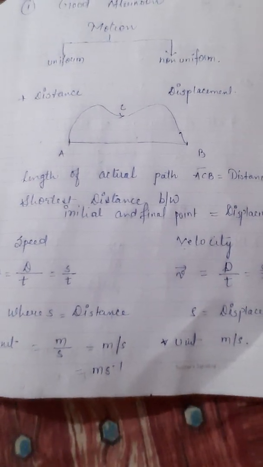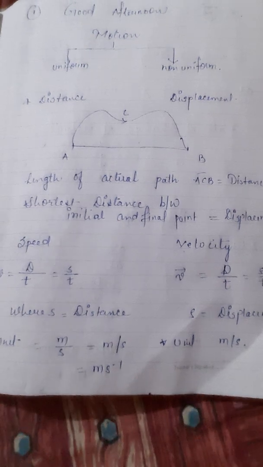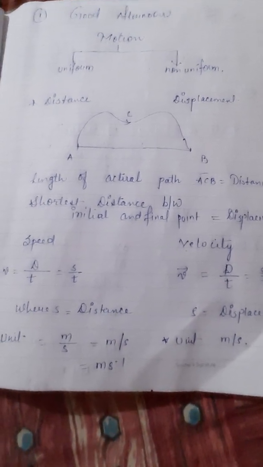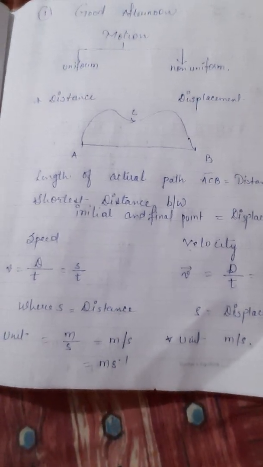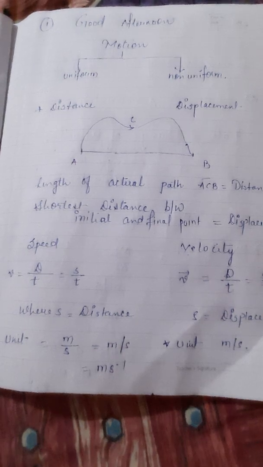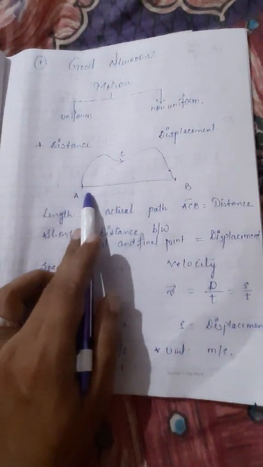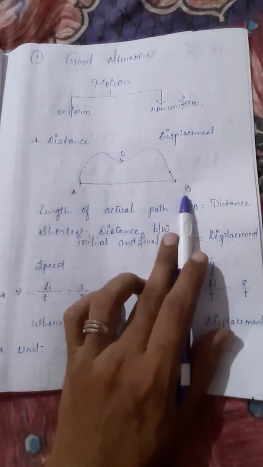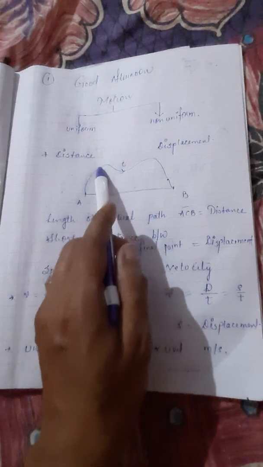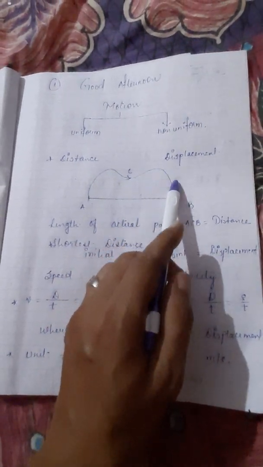Afterwards, we discussed distance and displacement. Distance is defined as the length of the actual path, or total distance traveled by an object. In the following diagram, you can see initial point A and final point B. From the initial position, our body started traveling through a longer path ACB.